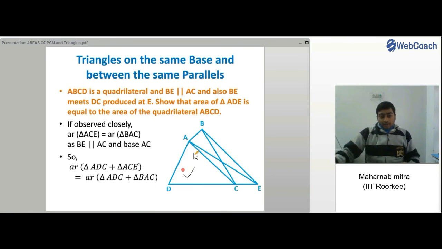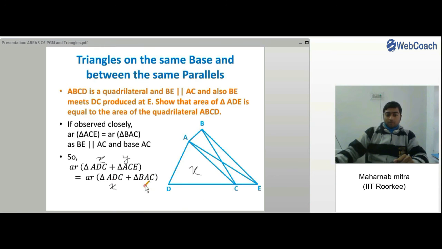So if we take the area of the central part as X, and the areas of the two triangles as Y, the area of triangle ACE we have taken as Y, and the area of triangle BAC we have taken as Y. So area of triangle ADC plus ACE, or X plus Y, is equal to area of triangle ADC, which is X, plus area of triangle BAC, which is Y, right? So you can see the equality still holds.